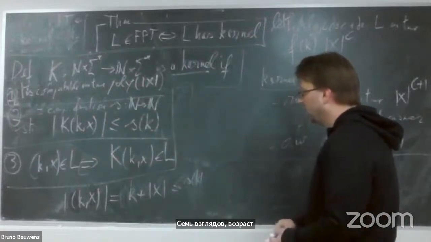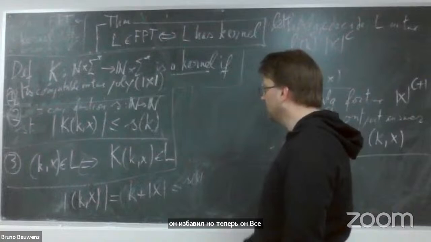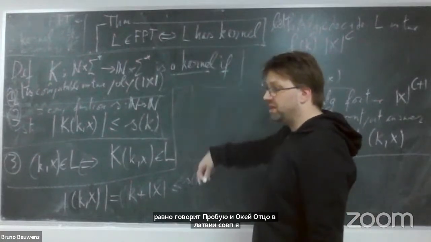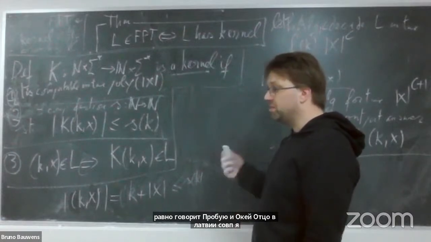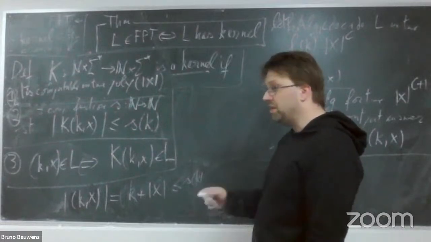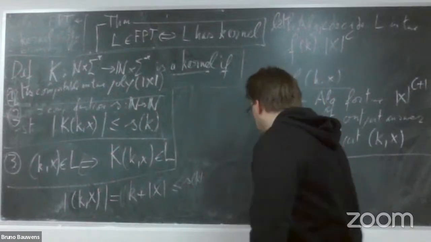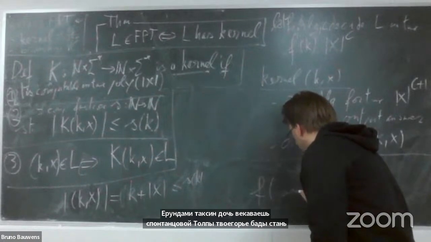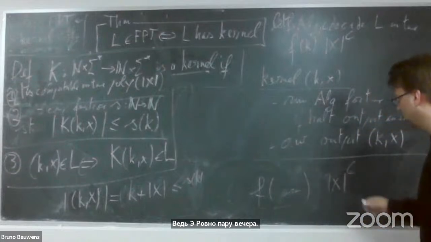Okay, and so what is the runtime? I claim that if it has a kernel, it's FPT. Why? We run the reduction, which requires polynomial time, so we don't need to worry about this time. And then we run the decider. What is the time of the decider? It's f of the parameter times the length to the power c.